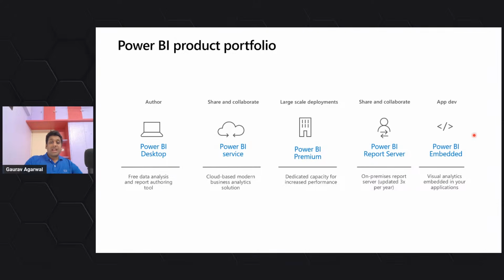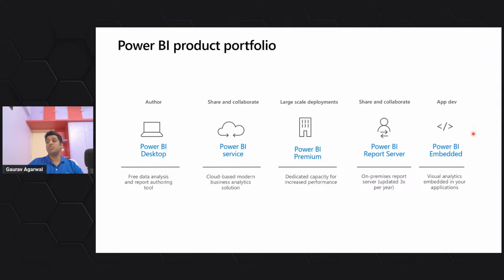The last one, and not the least, I would say it is also one of the powerful SKUs, typically from the app dev category, is Power BI Embedded. Now this comes typically for the scenario where an ISV customer, who has his own product, wants to embed the Power BI report into his own app.